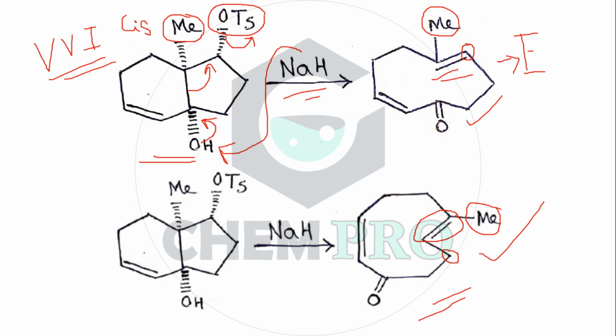Okay, so for this we should look at this carbon, this carbon, and here this carbon, the methyl group should be syn to that carbon or trans to that carbon. So for finding that part we should check the mechanism first.